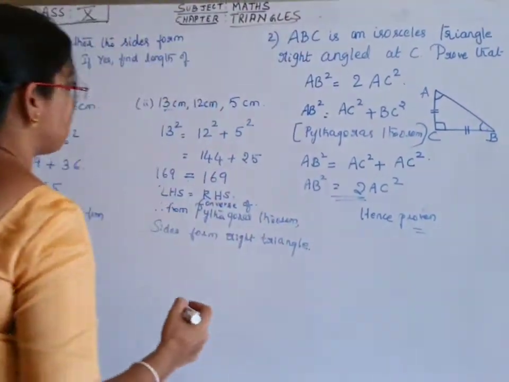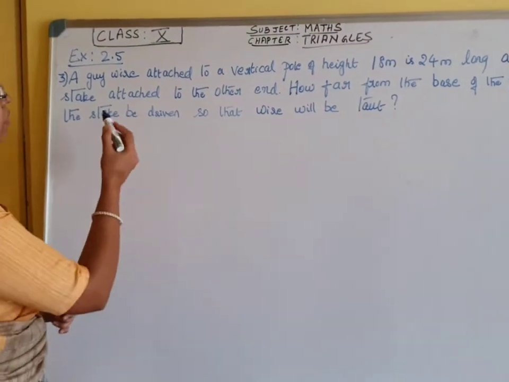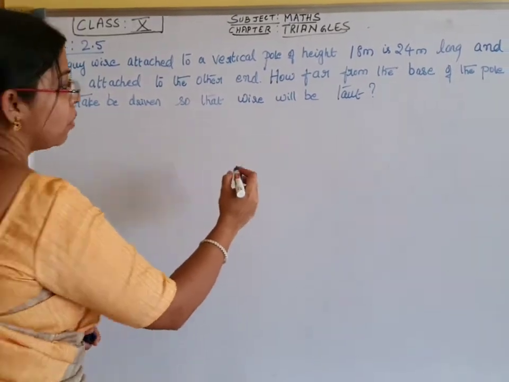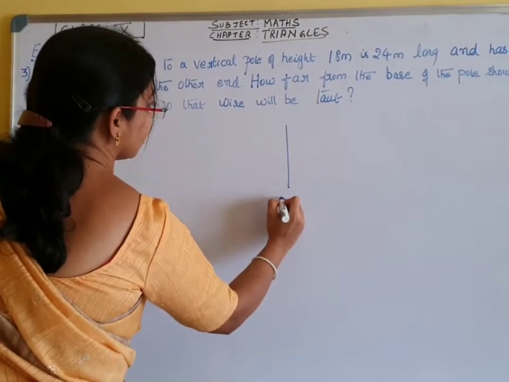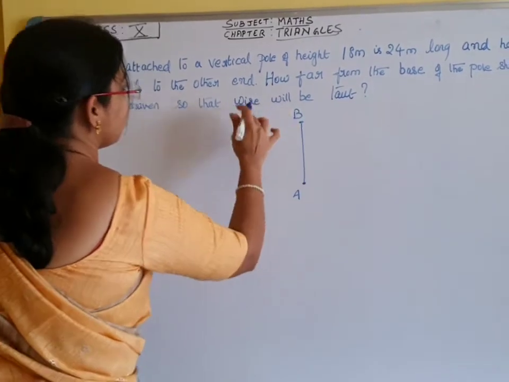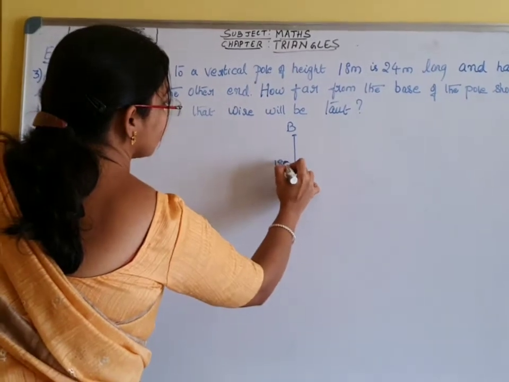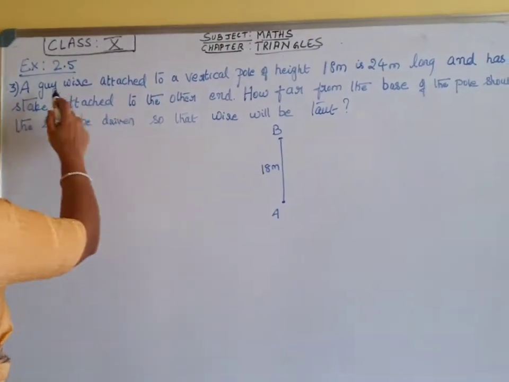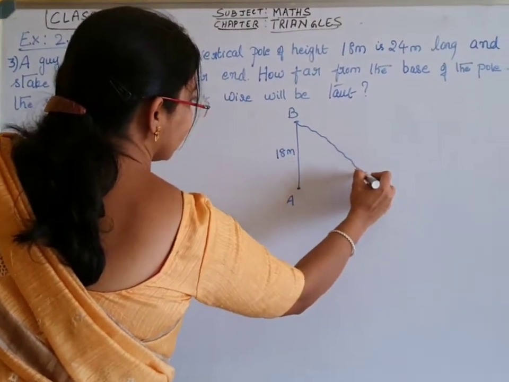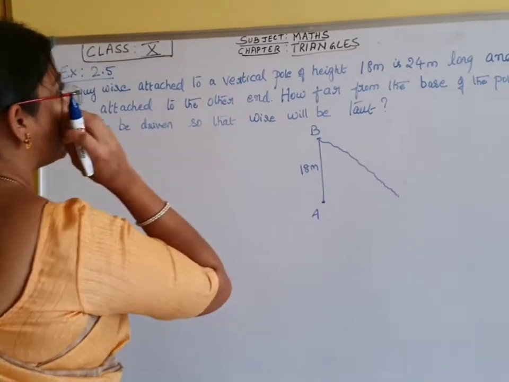We will go to the next problem. A guy wire attached to a vertical pole. So let the pole be AB, a vertical pole of height 18 meters. A guy wire is like a string which is elastic, which can be pulled.